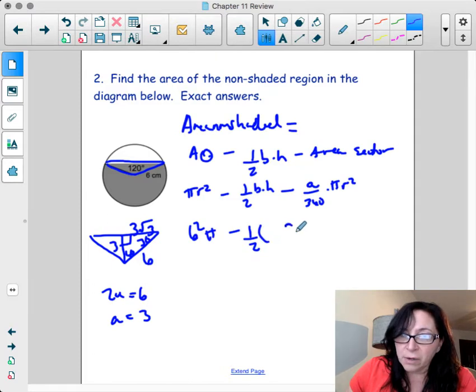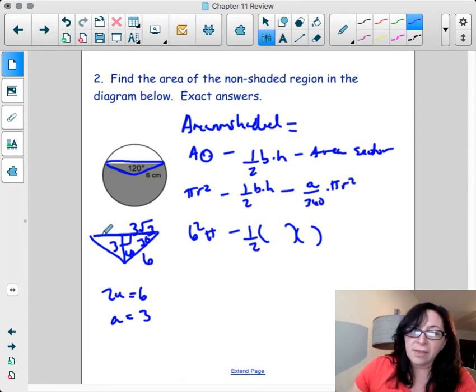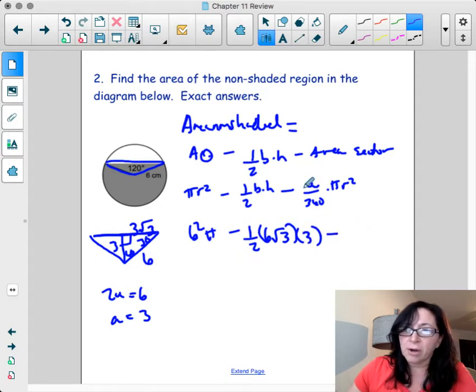So your base times your height. Now, this is where several people will make a little mistake, because we want the entire base. If that's 3 root 3, that's also 3 root 3. So that makes my base 6 root 3, and then times my height, which is just 3. And I'm going to subtract my arc degree over 360, but keep in mind, I have to take away this shaded region because I want the non-shaded region.